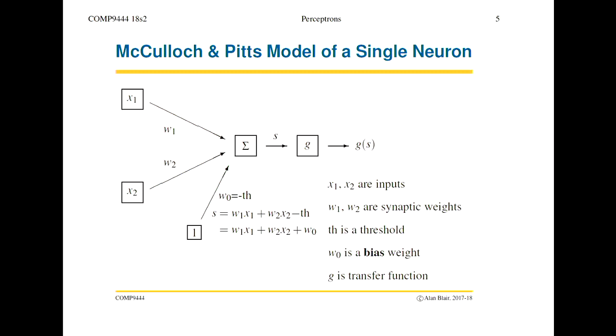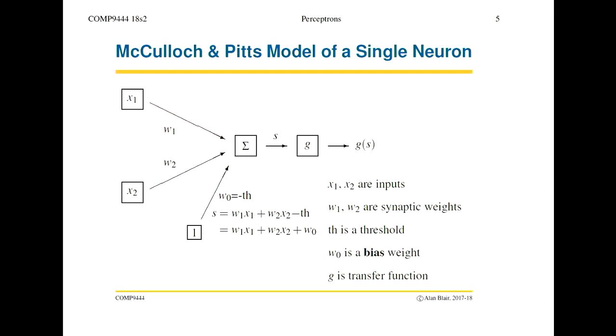Now, it's a bit of a mathematical convenience. Instead of adding up everything and then checking whether it's bigger than the threshold, we could add everything up and then subtract the threshold and see whether the answer is bigger than 0. And instead of subtracting the threshold, we could add the negative of the threshold.